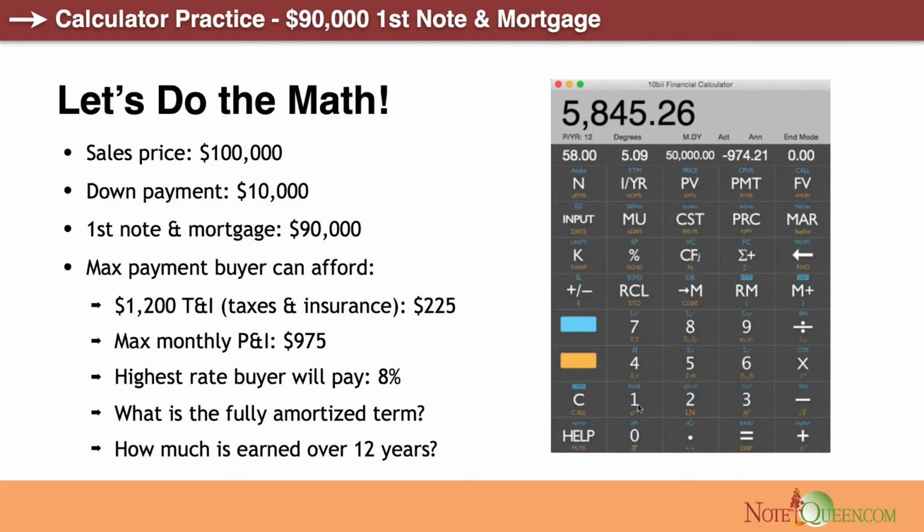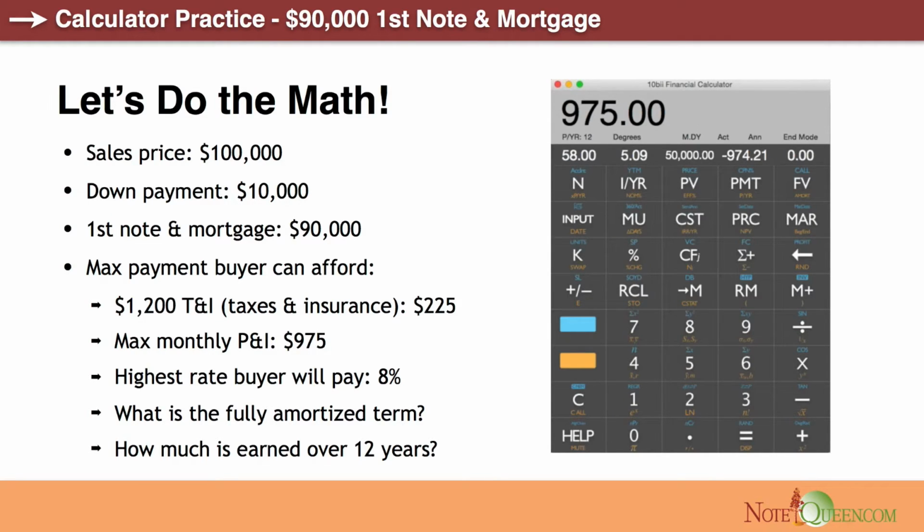So if the max payment per month that this buyer can easily afford is $1,200, then that has to encompass PITI, principal, interest, taxes, and insurance, and HOA if there is such a thing. In this case, we're going to pretend that taxes and insurance are $225, so I'm going to take that out of the amount that's available for the mortgage payment, the principal and interest.